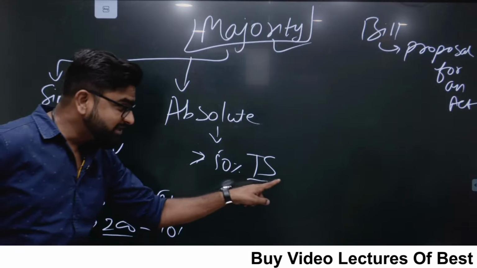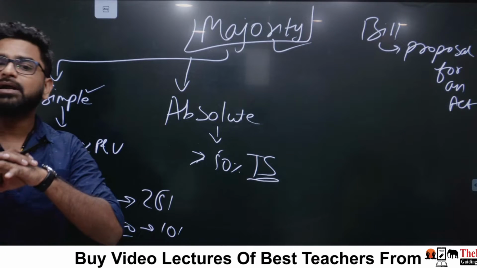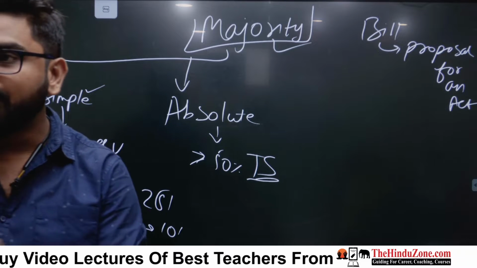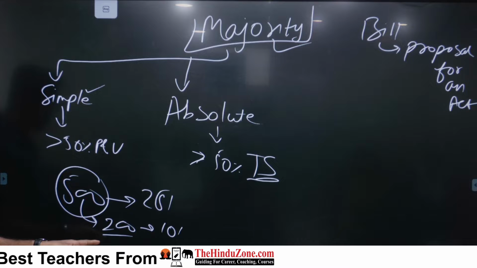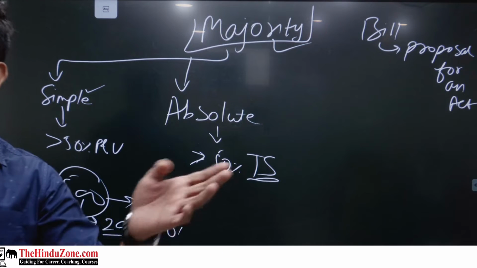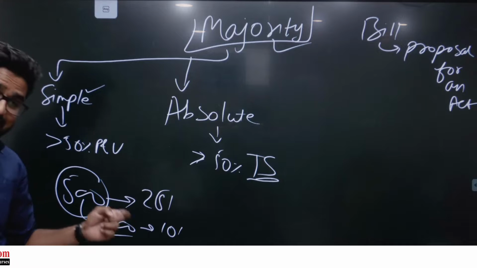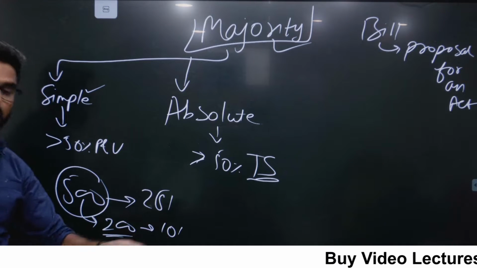Because it's the total strength of the house, and the total strength is 500. So it does not matter how many people are present. You have to have 251. But on that day, the number of people in the house is 200. So this bill will never pass. This bill may pass tomorrow or the day after, but that day it will not pass. Because 251 is the requirement, but there are only 200 people.